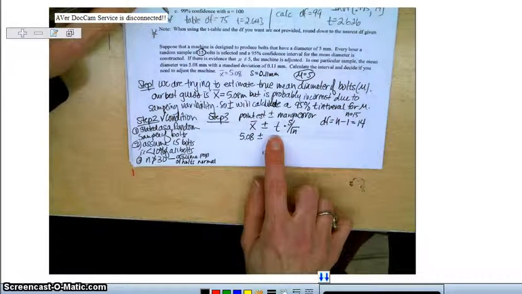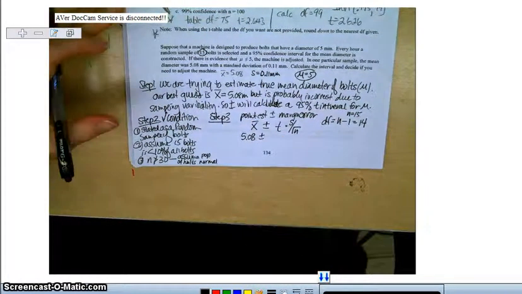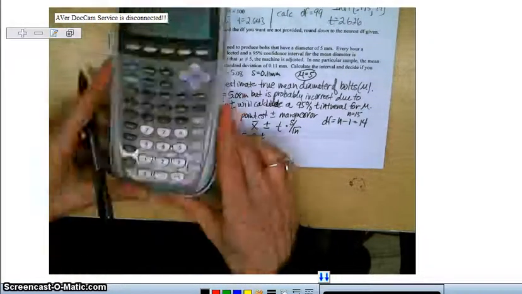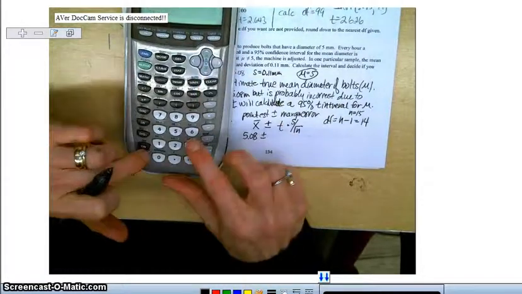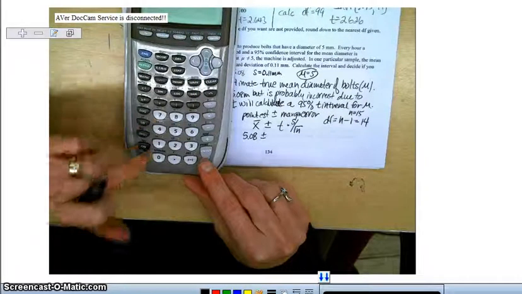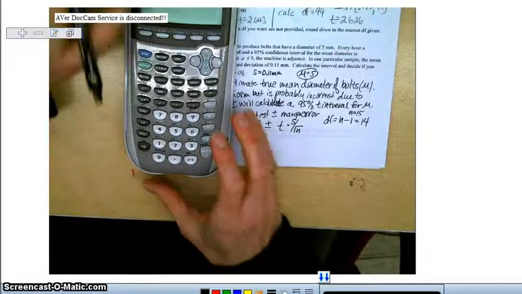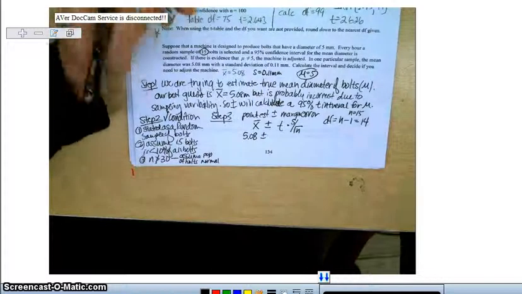So now we need to look up the critical t. To me, it's easier to look up the 95% in the back of the book, or you can memorize that 95% is 0.975. If I go to second distribution, inverse T, 0.975, comma, 14 degrees of freedom, it gives me a critical t of 2.145. Is that what your table gives you too?